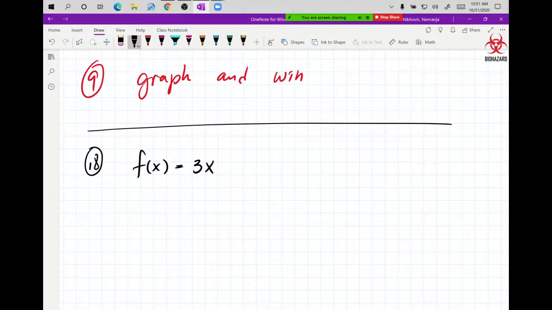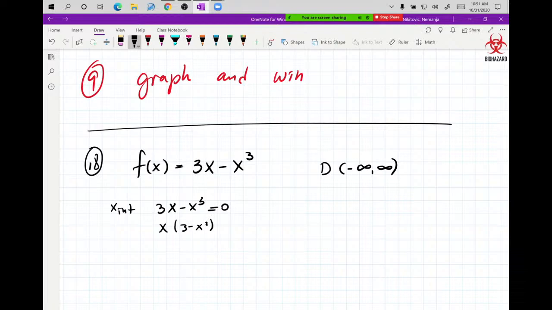3x minus x cubed, and we know that the domain is all real numbers. I need that for partitioning later on. X-intercept is 3x minus x cubed equal to 0. We factor out x, we get 3 minus x squared.